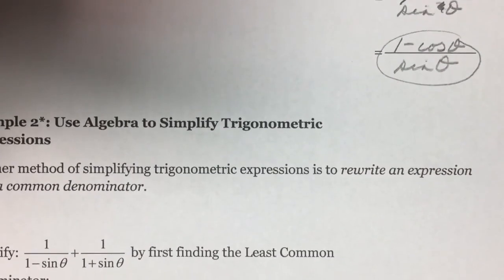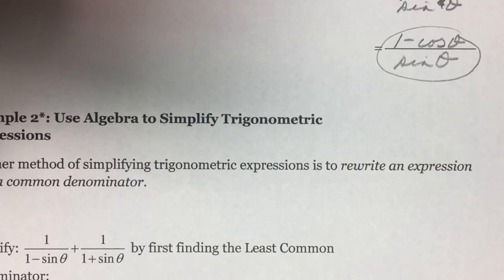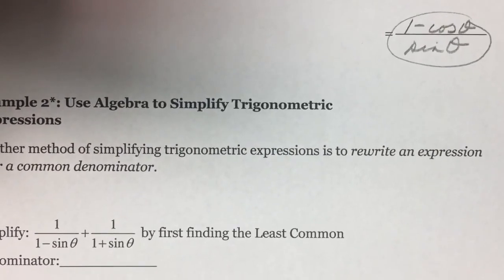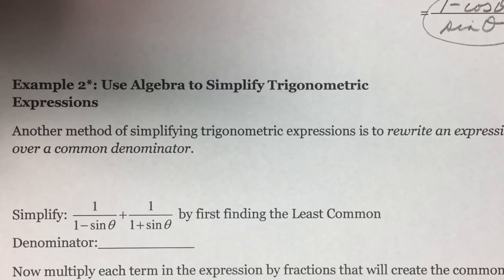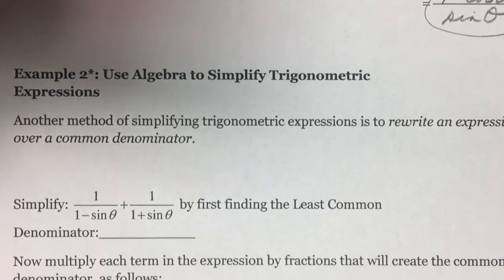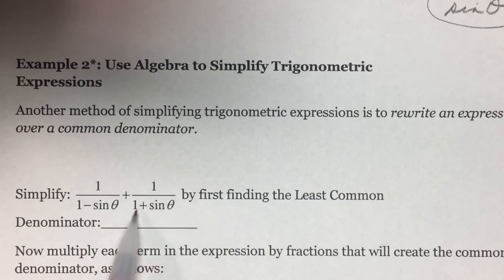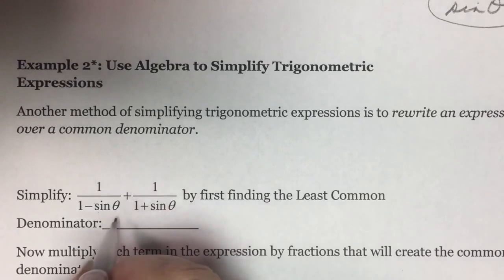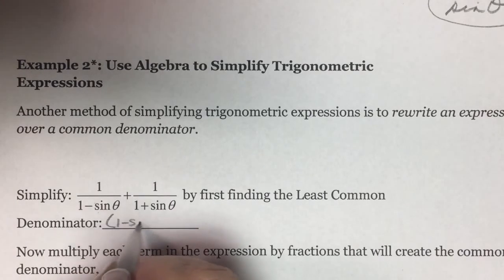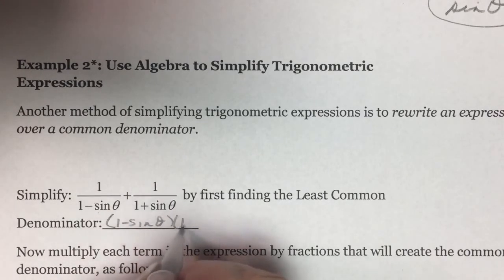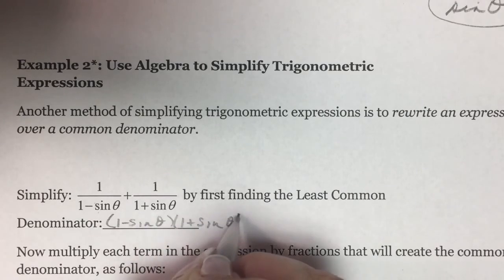Okay, so another thing that you might want to do is add two fractions or subtract two fractions. And of course, to do that, you have to put it over a common denominator. So here's a quick review of doing that. If I want to simplify 1 over 1 minus sine theta plus 1 over 1 plus sine theta, I'm going to combine them. My common denominator would be 1 minus sine theta times 1 plus sine theta.